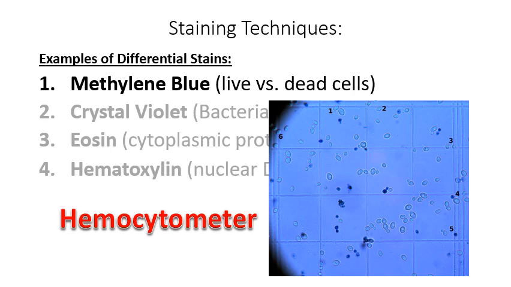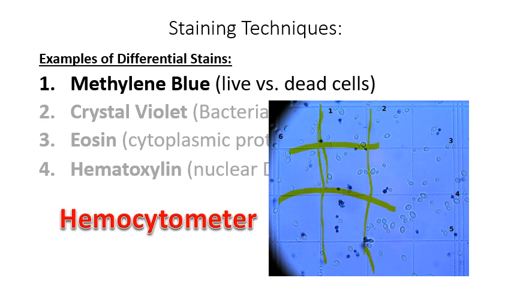Okay, so here's methylene blue. We have a bunch of cells that are in a device called a hemocytometer. A hemocytometer is a little tiny microscope slide that has a grid etched into it, right? Somebody took a drill and etched this grid into the slide, which makes it easier to count the numbers of cells inside each of these smaller squares. A hemocytometer is actually used to count the number of cells that you have per milliliter.